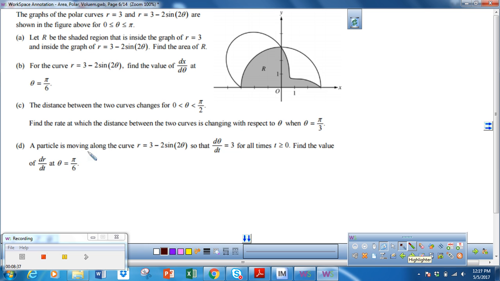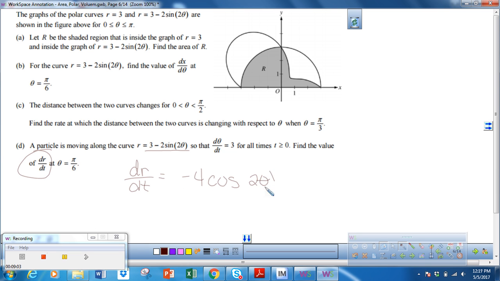So for this one, they want us to find the value of dr dt. So that means we're taking the derivative of r with respect to t, and they gave us d theta dt. So r is this, so dr dt is equal to negative 4 cosine 2 theta. I use chain rule to get the negative 4, and then the derivative of sine is cosine.